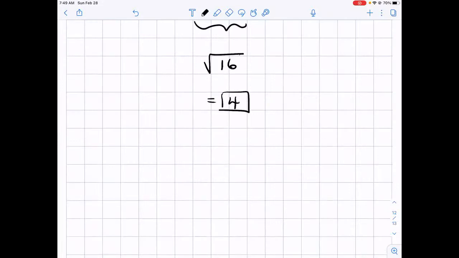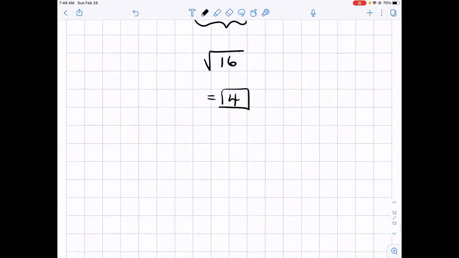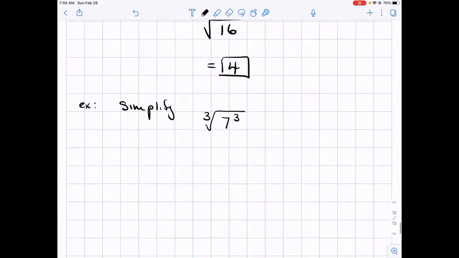What happens if we have, for example, simplify the cube root of 7 cube, the cube root of 7 cube.